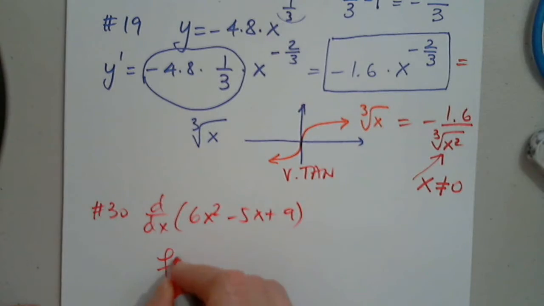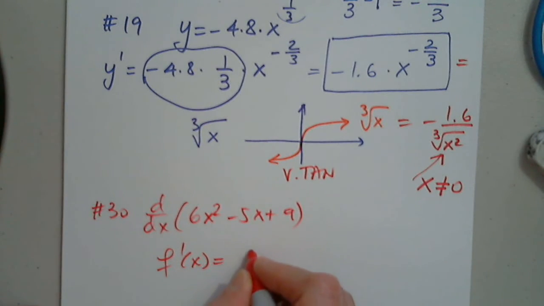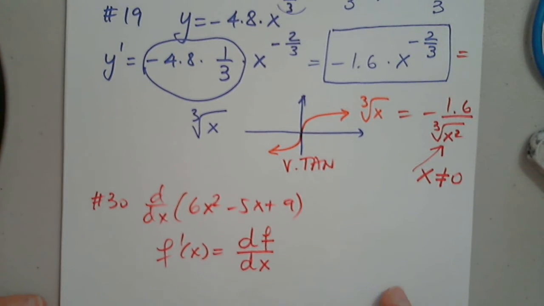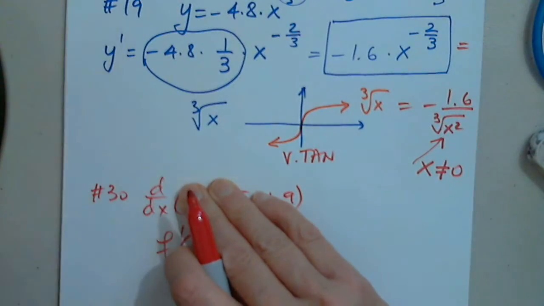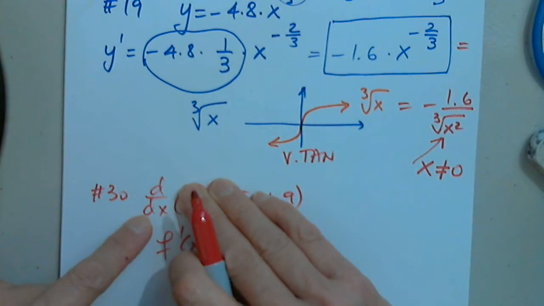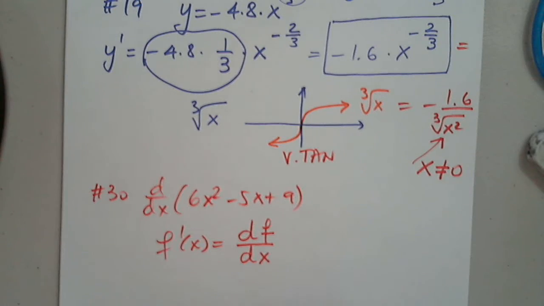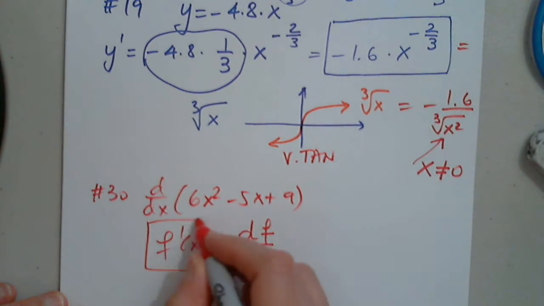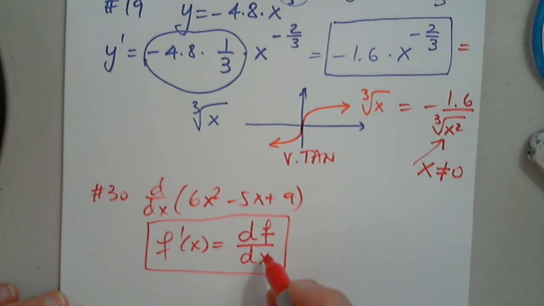So f prime of x, or the derivative of the function with respect to x, mean the same thing. It's just a different notation. This is called the Leibniz notation.